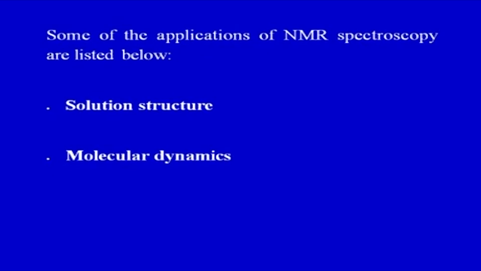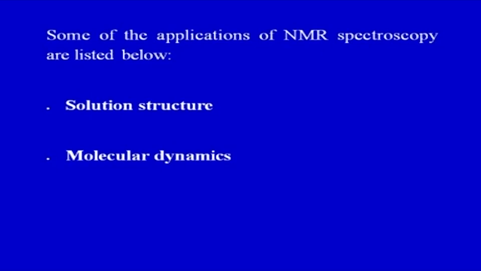Some of the very important applications, in short: one is the solution structure, which can be determined for various kinds of molecules. Then molecular dynamics can be performed for motional properties of biomolecules.